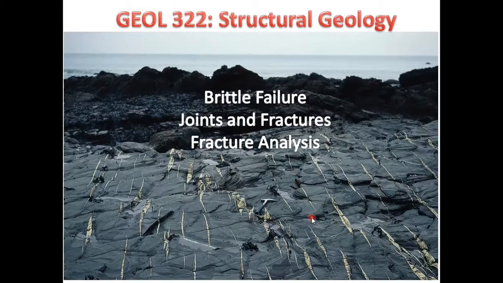So this opening direction you will see in a couple slides. This opening direction of joints gives you direction of sigma 3. So in this region, for this example, sigma 3 is east-west and sigma 1 will be perpendicular to these fractures.